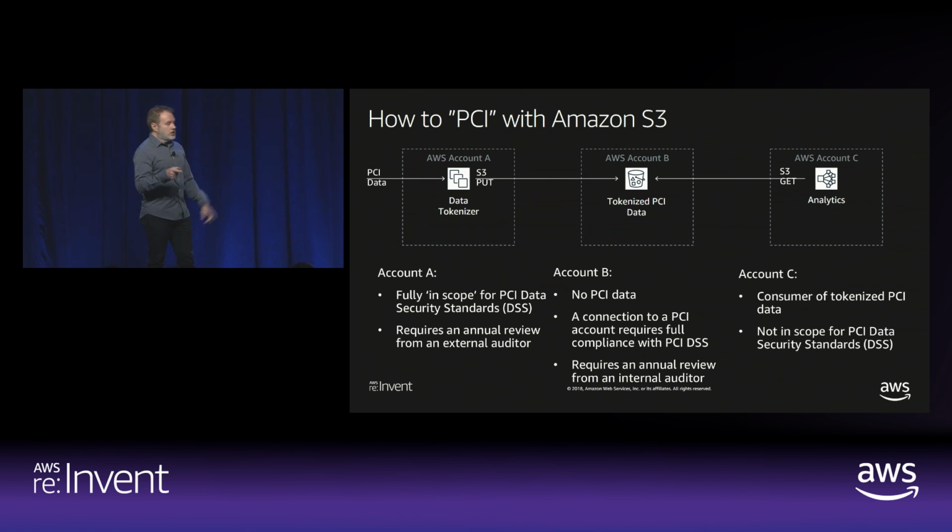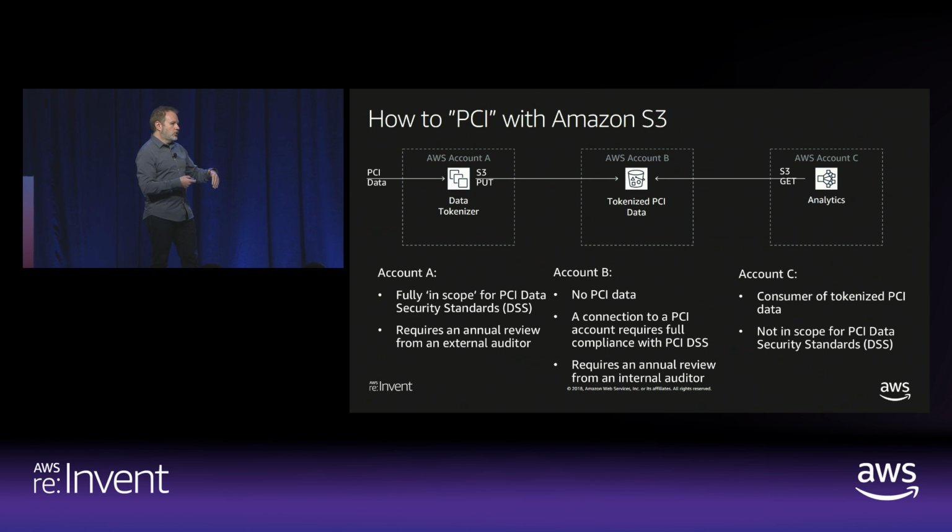Now, account B is talking to account A. So that means it's still in this PCI world because they're talking to each other. And whenever anything touches PCI, suddenly it becomes PCI. But it doesn't have any PCI data in it. Well, we can actually do an annual review like we're supposed to, but we can use an internal auditor, which costs a lot less money.